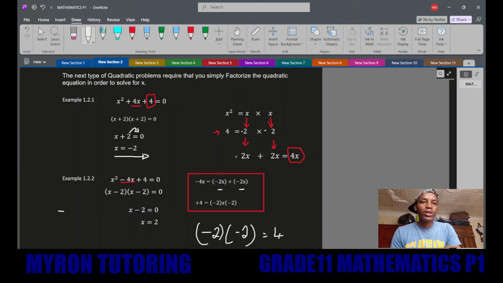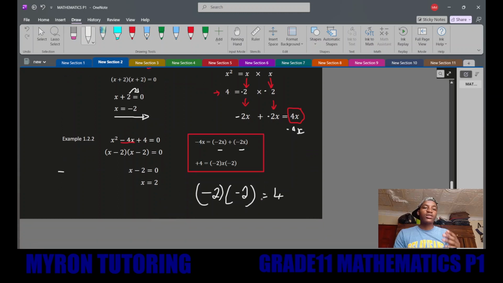Then they were going to give us -2x plus -2x, which is -4x, which is what we have in the middle. So this is just what you need to keep in mind when you factorize.